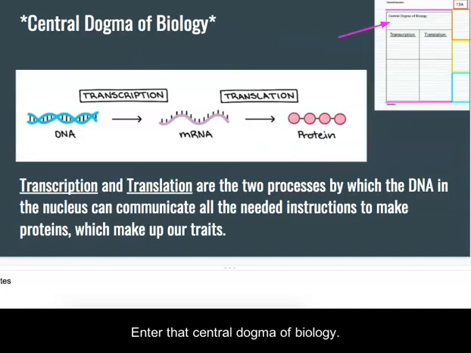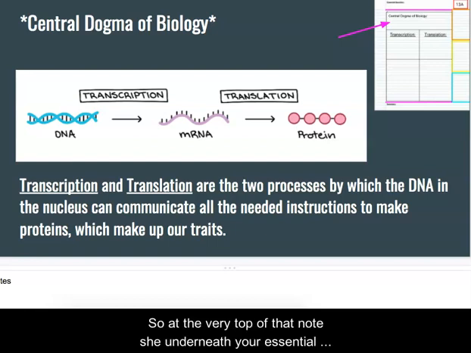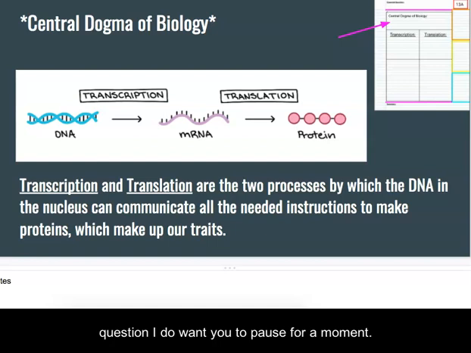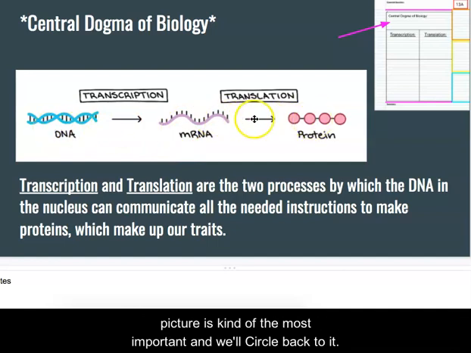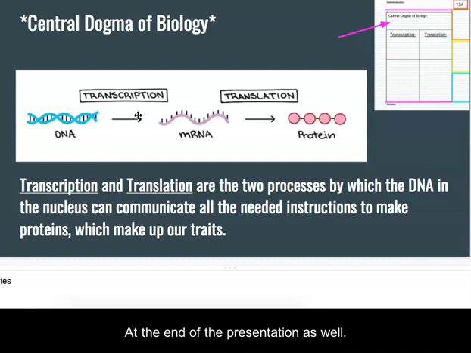Enter the central dogma of biology. At the very top of that note sheet, underneath your essential question, I want you to pause for a moment and draw out this picture in that area. If you'd like, you can write the text also, but the picture is the most important, and we'll circle back to it at the end of the presentation.